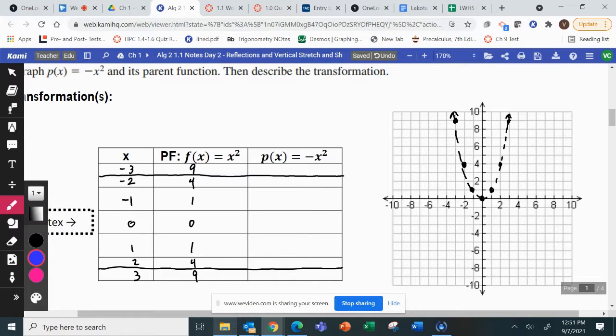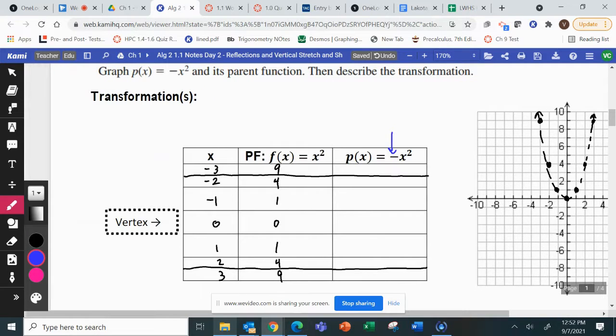Okay, so now we are going to be graphing p of x, which has a negative sign in front of the x squared. You guys tell me, what transformation is the negative going to do? Derek. Yes, but we're going to write the way I was phrasing it. Say that. What's the first word you said?